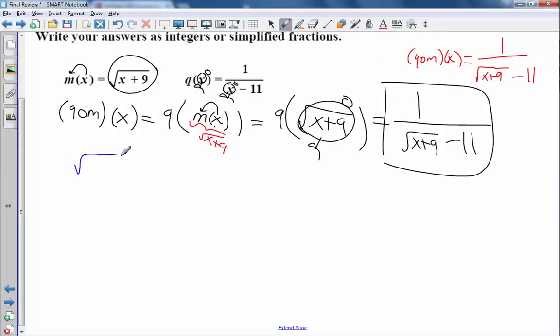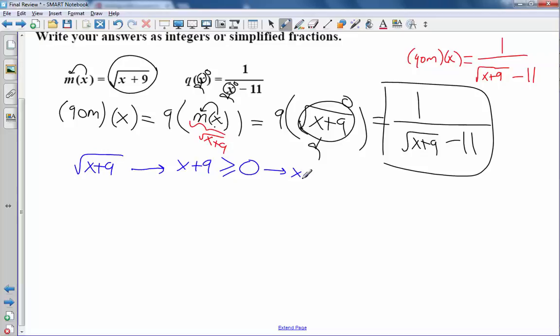So, this guy is a weak function. We need to make this inside happy, which is X plus 9, needs to be more than 0.